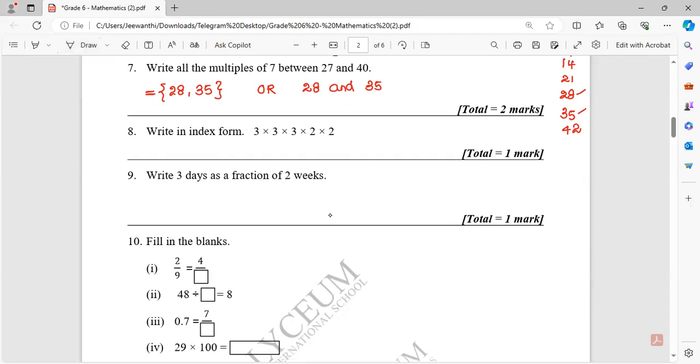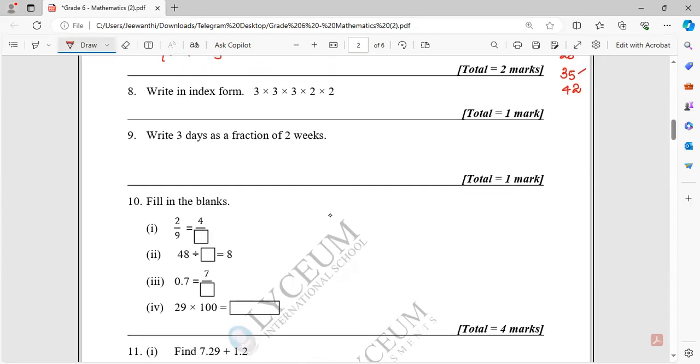Then write in index form. Here we have 3 to the power 3 and 2 to the power 2. But as a practice, this is not compulsory. As a practice, we write it like this, 2 to the power 2 and 3 to the power 3. You can understand the reason.